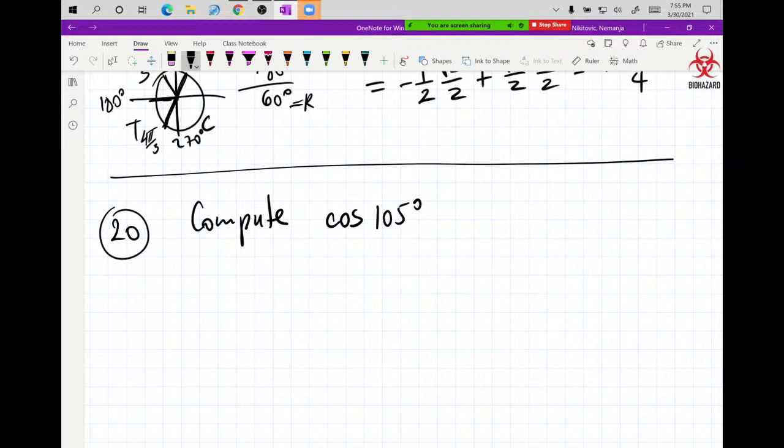What are the two angles that you guys are using? Anyone?